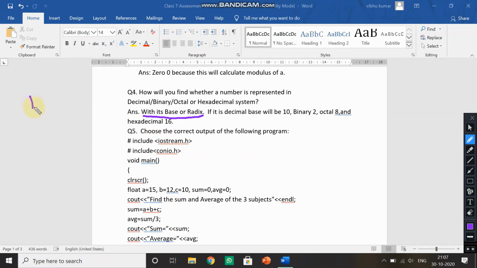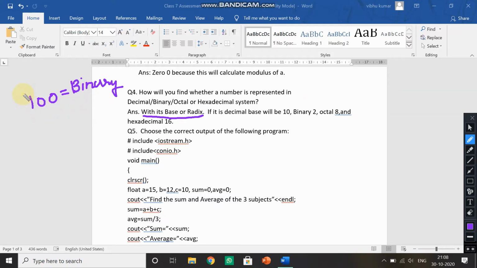Let's see. If the number is written as 100, how do you come to know whether this number is representing a binary number, decimal number, octal number or hexadecimal number? I can read it like this, 100. If I read it as 100, it might represent binary. But another person reads it as 100, so it shows that it is a decimal number.